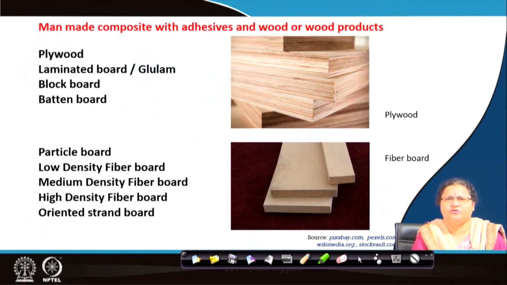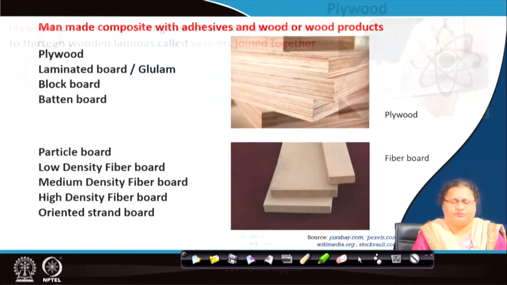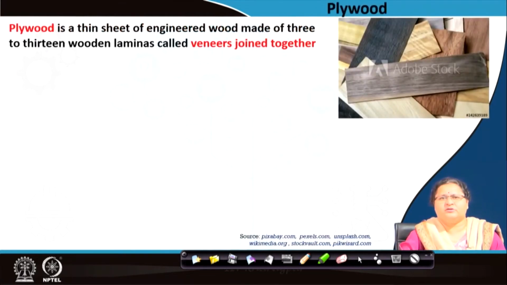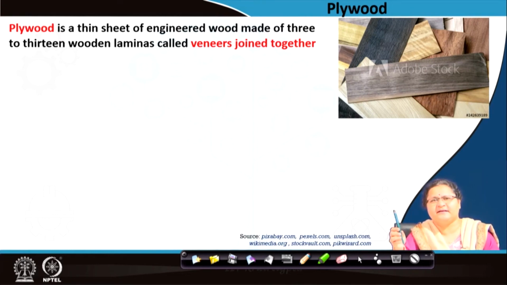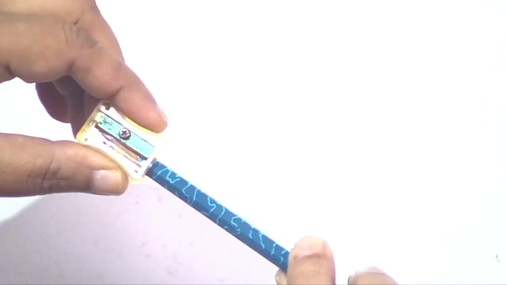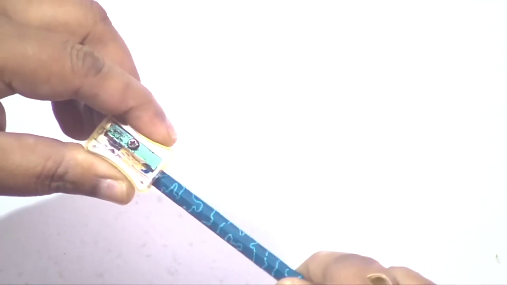So, let us come to what plywood is. We talk of plywood every now and then, so let us see what it is made of. You have all used a pencil and a sharpener. Let us see if a big log of wood can be pushed in and rotated against a blade.